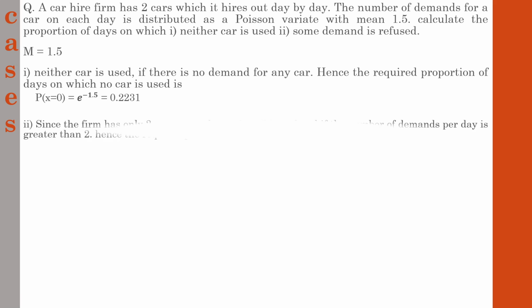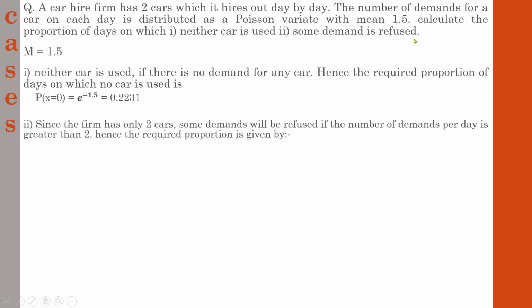Next one, second part: some demand is refused. Since the firm has only 2 cars, some demand will be refused. Some demand refused means some customer came for the car, and the firm said, sorry, we are helpless, we don't have any car right now. If the number of demands per day is greater than 2, the reason is that they don't have the car, meaning the car is already hired by other customers.